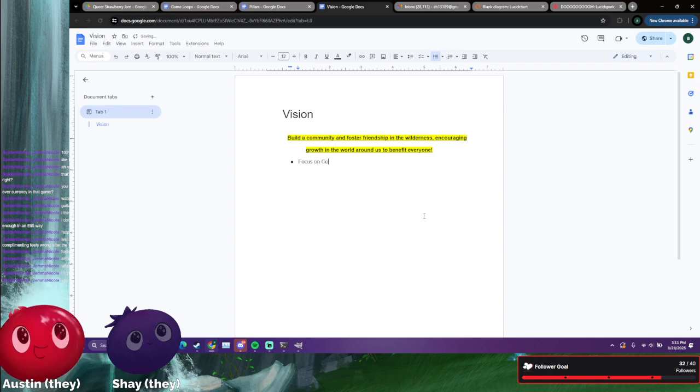Focus on community and relationships in the community. And then in parentheses, we'll note that as part of the community simulator genre. So let's also just real quick specify genres. That's the more Animal Crossing.